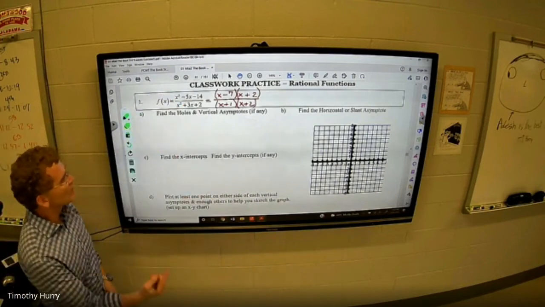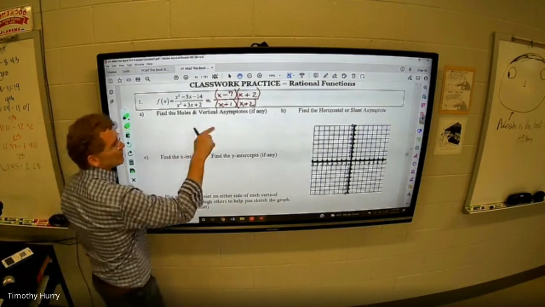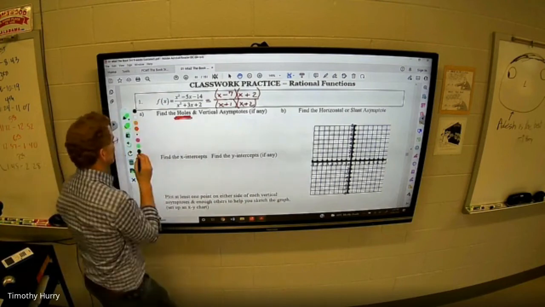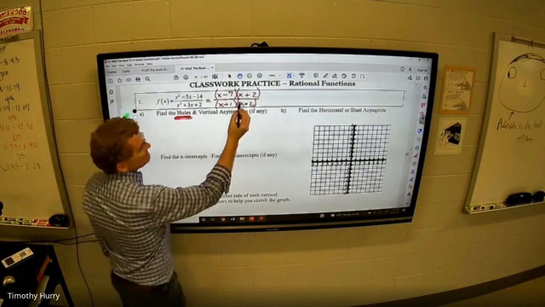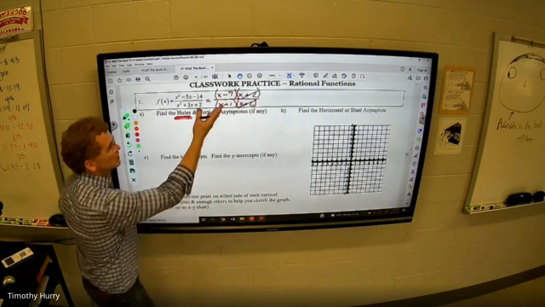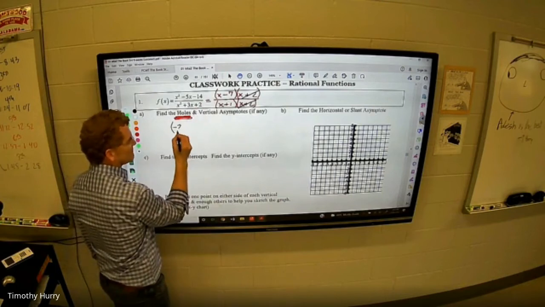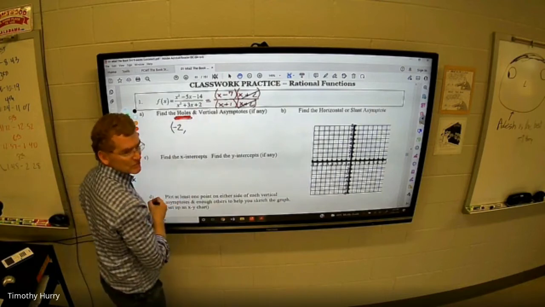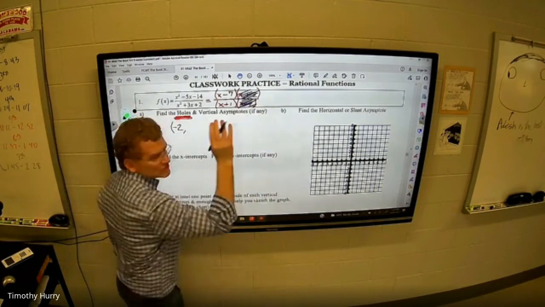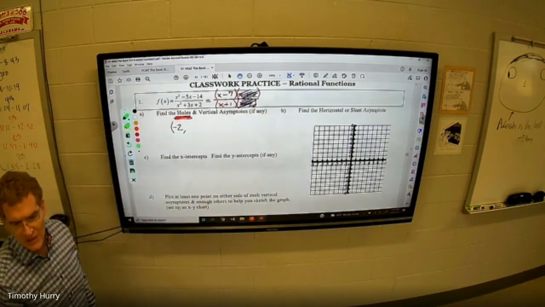Okay, so from this, just looking across here, what do we see? Anybody? There's a common x plus 2, right? So I use that to find the x coordinate of my hole, -2, and I will never look at that again for any reason whatsoever. It is useless after this.